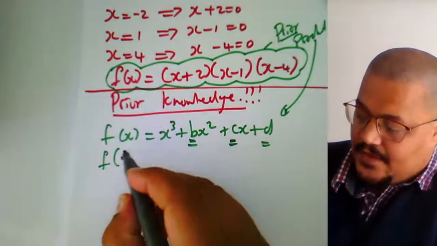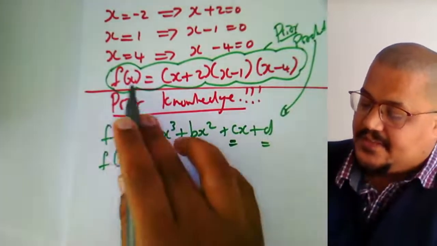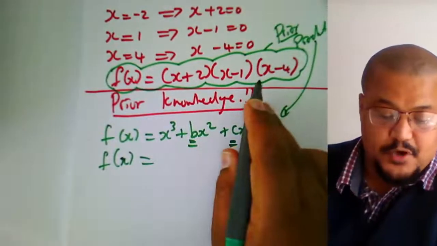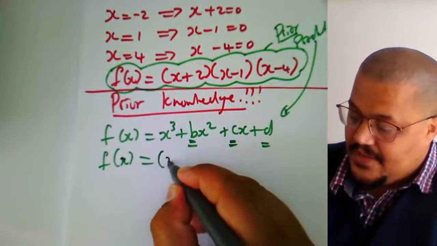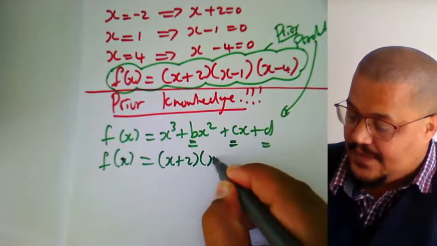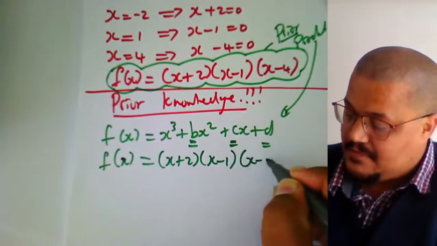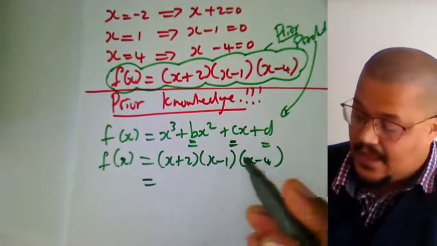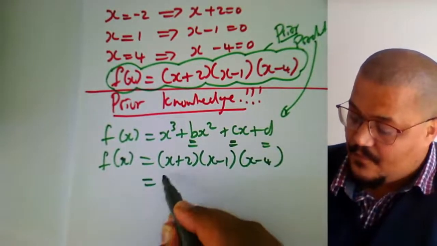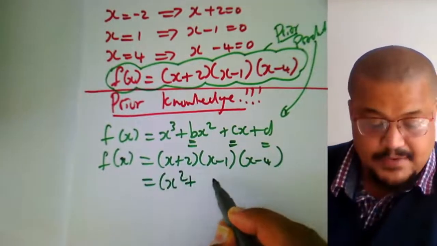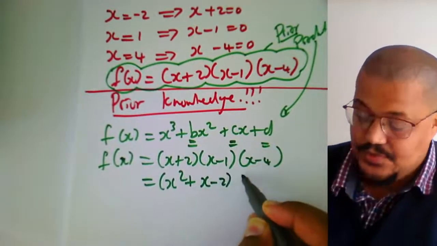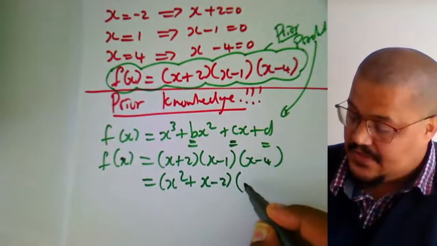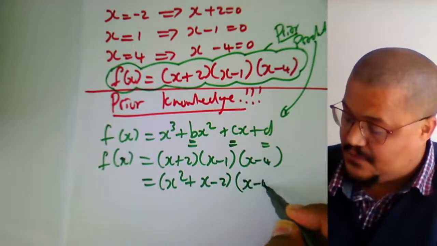So now we need to take these values and find the product of this. I'm going to rewrite this: x plus 2, x minus 1, and x minus 4. When I simplify this, I will then have x squared plus x minus 2 times x minus 4.